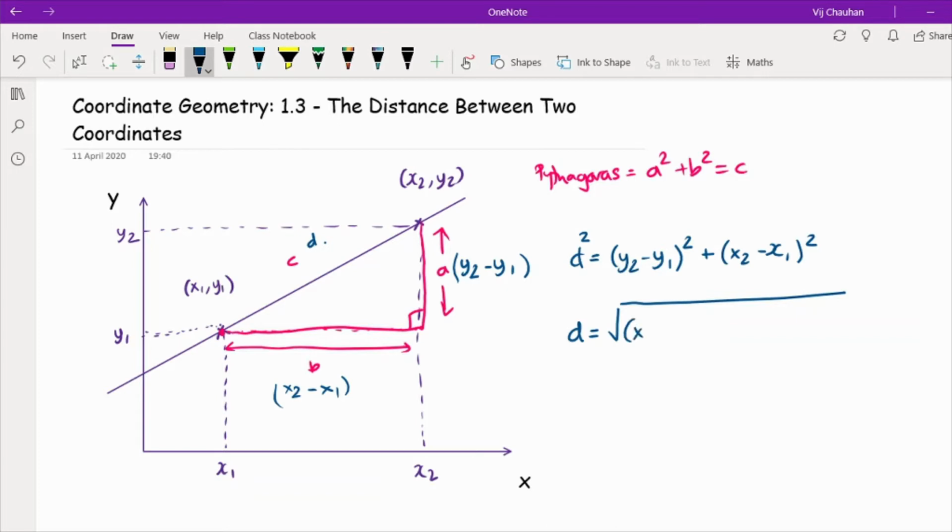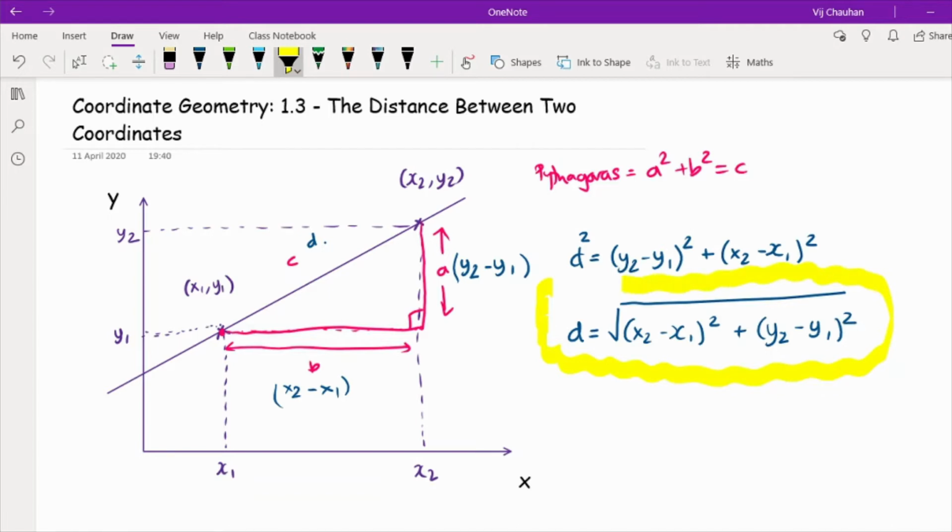So I'm going to have x2 minus x1 squared plus y2 minus y1 squared. And what we've got here is the formula to work out the distance between two coordinates on a graph. And it's important that you remember this particular formula, as it's not given to you in the formula book, but it's very easily derived by remembering to use Pythagoras.